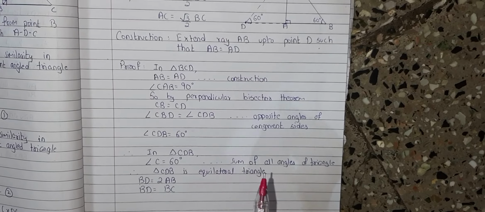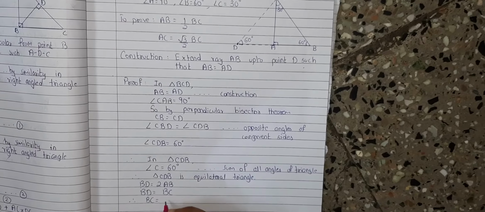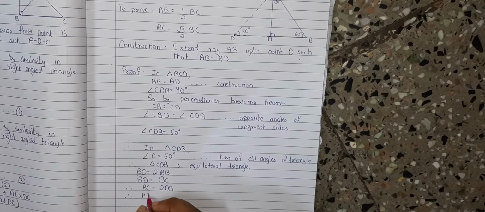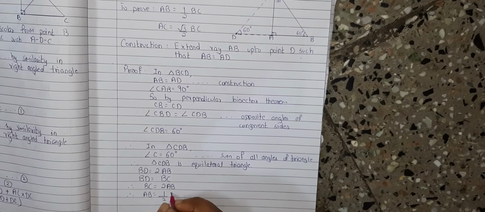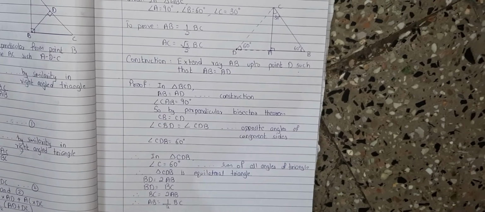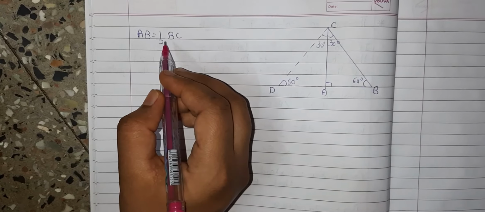Since triangle CDB is an equilateral triangle, therefore we get BC is equal to twice AB. Therefore we get AB is equal to half the BC. So next we will move towards the side AC. Now we have proved AB is equal to half BC.